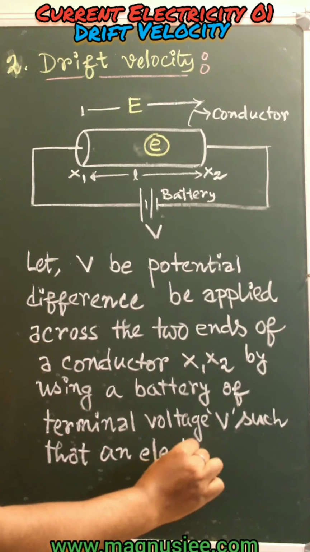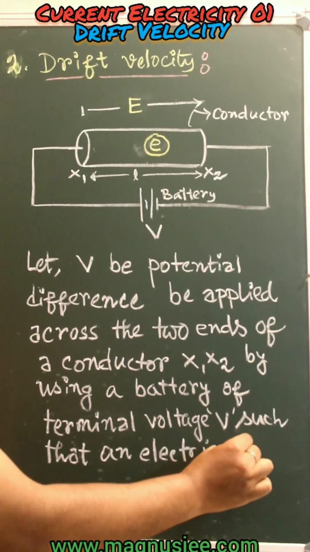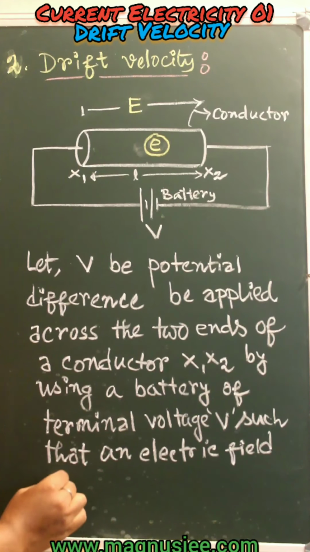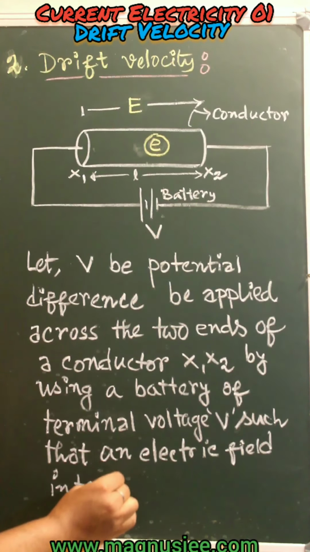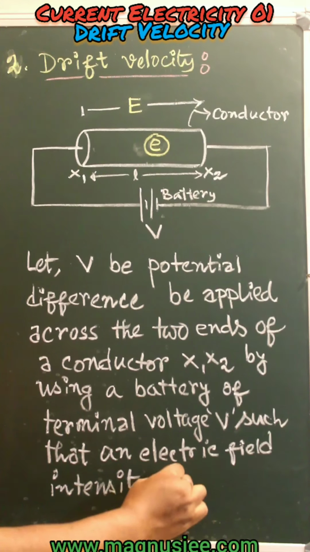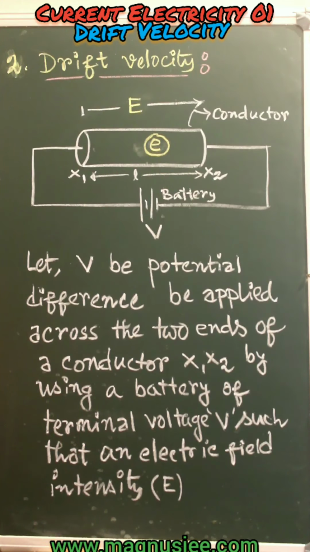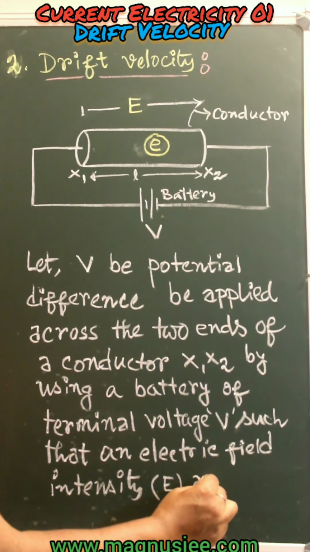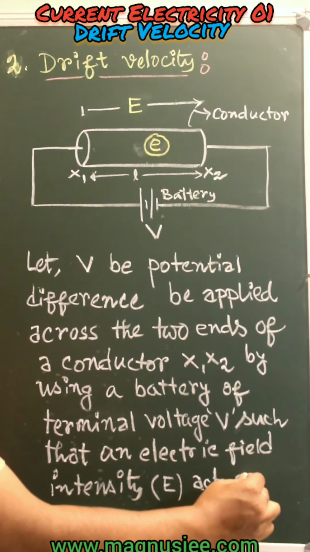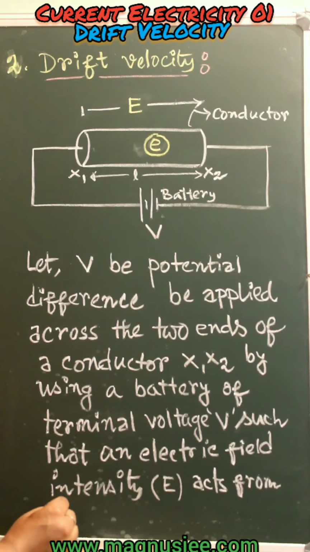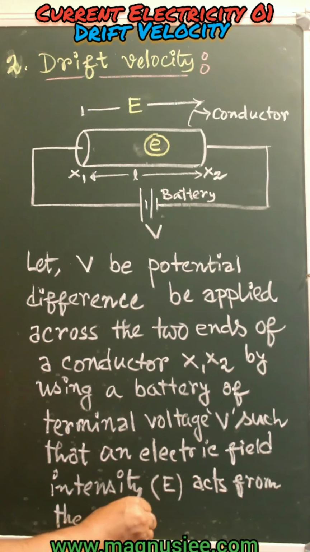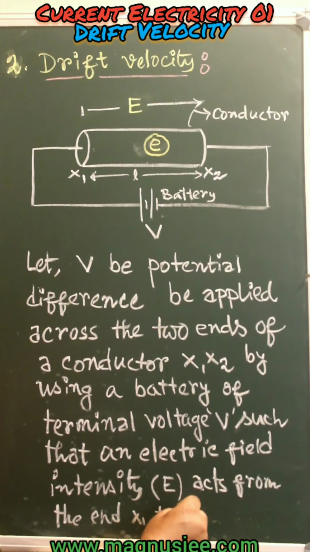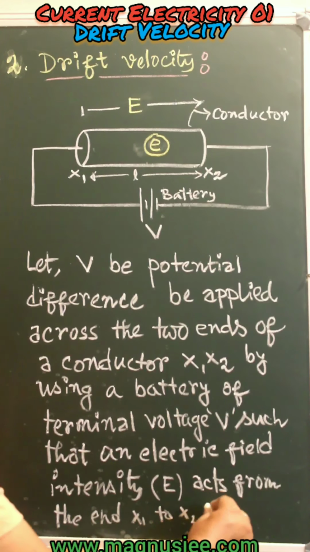Such that an electric field intensity Ex from the positive end to negative end, that means from the end X1 to X2 of the conductor.